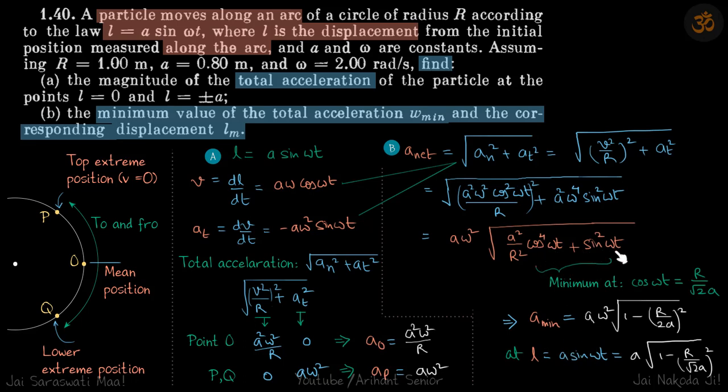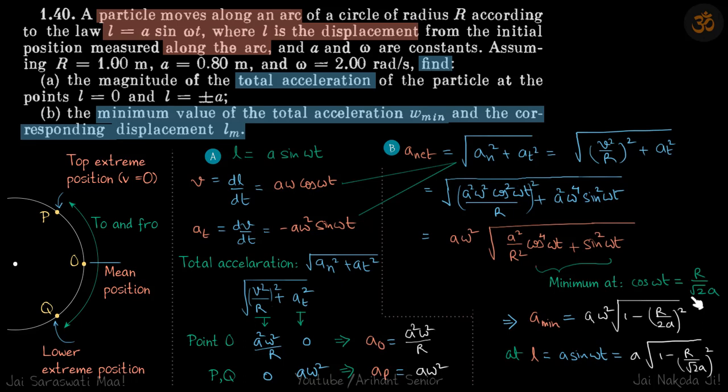You can just write sine square omega t as 1 minus cos square omega t. Cos square omega t you can put as a variable, some y or z, and just differentiate it to find the minimum value. And you will see that the minimum value comes at cos omega t is equal to r by root 2A. So when you put that value in the same equation, you will get a minimum as this.